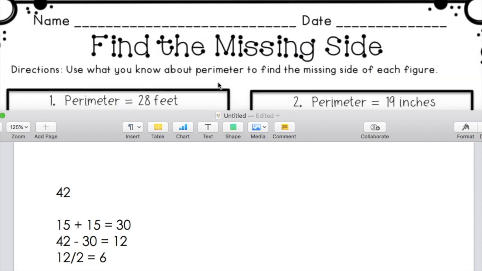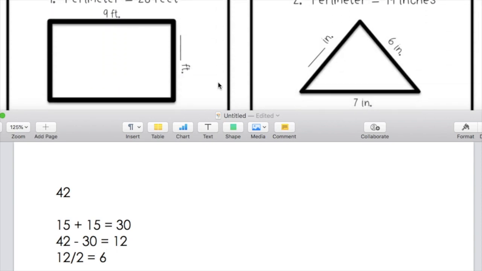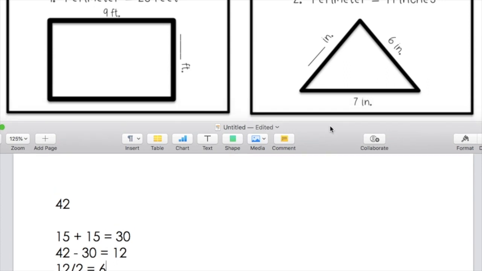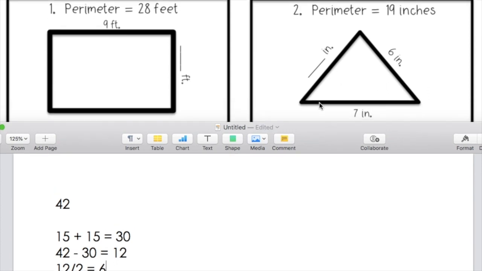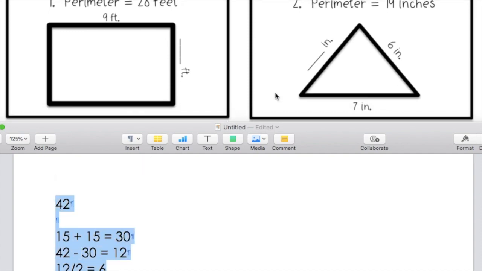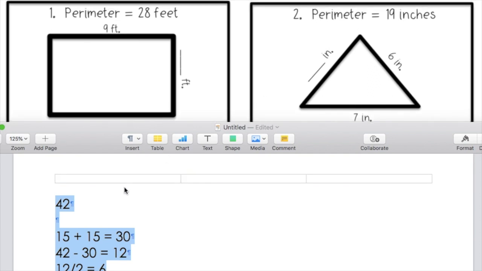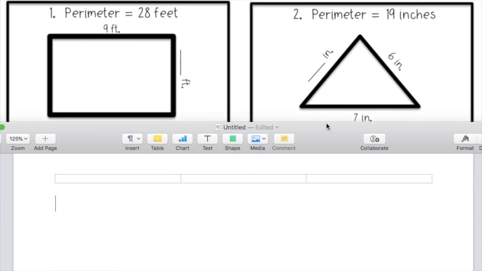Now, we've been working with rectangles, but you can also find the perimeter for a shape that is not a rectangle. In this case, I have 3 different sides, 2 of which are named.